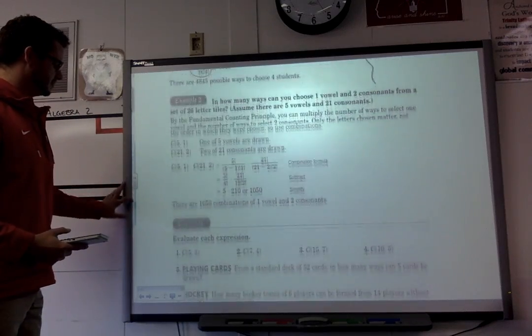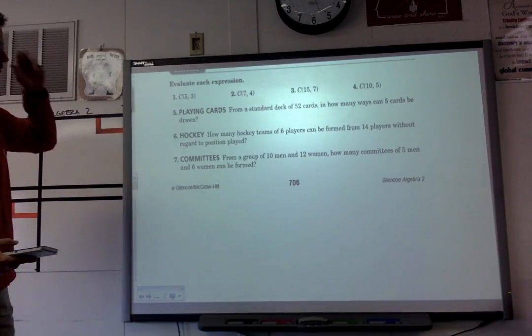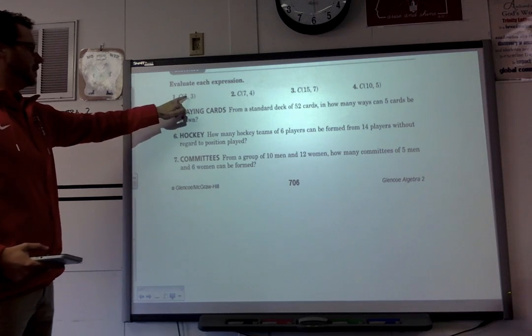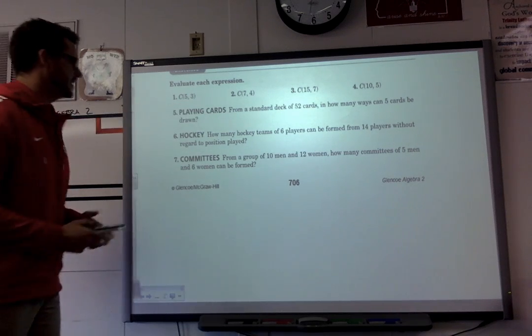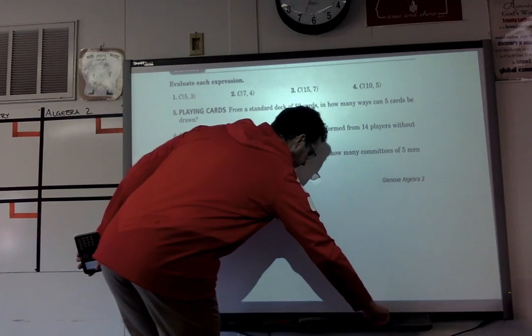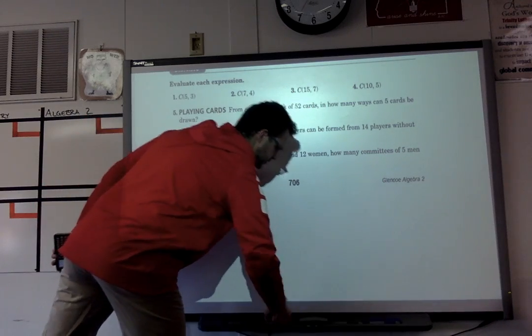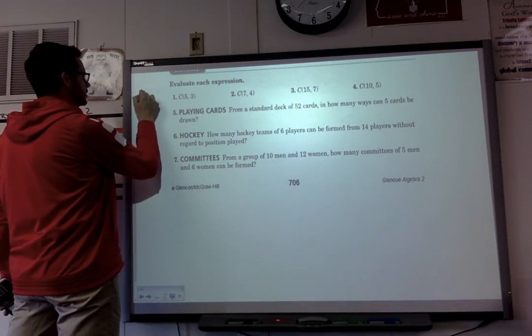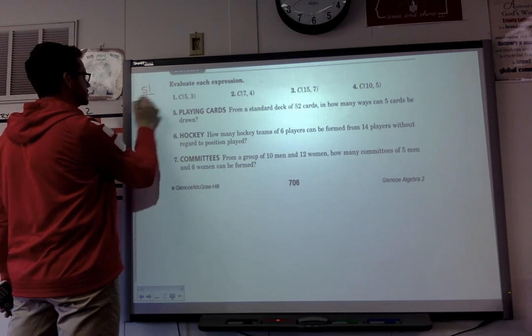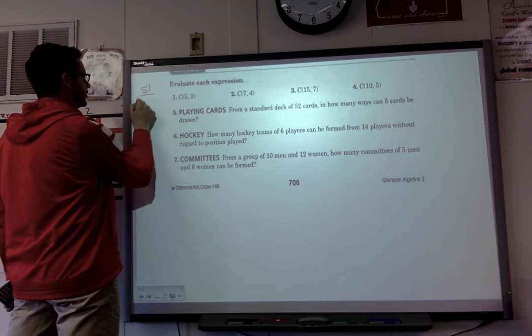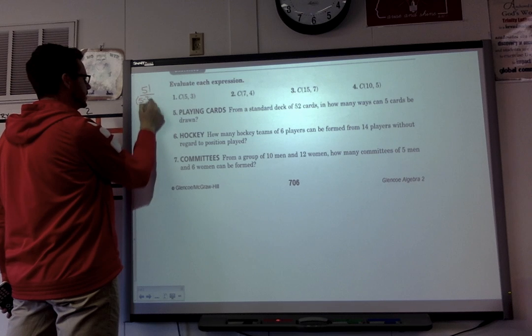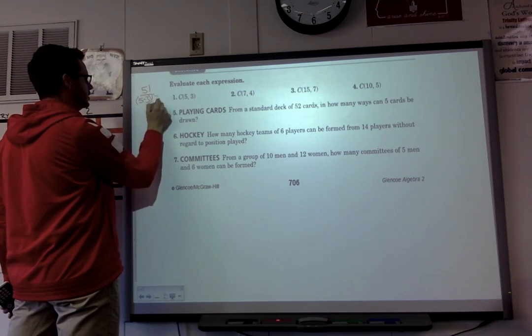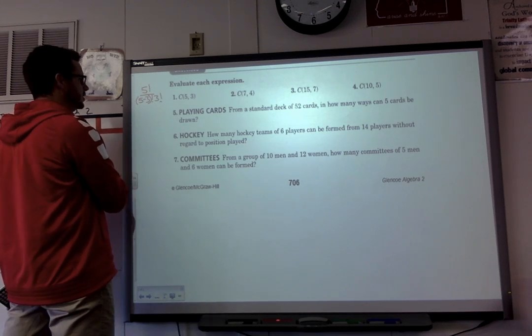So let's take a look at some examples here. We're finding the combination of 5 total objects taken 3 at a time. Again, two different ways of doing this. We could go 5 factorial, the total number, over the total minus the amount taken at a time factorial, times r factorial.